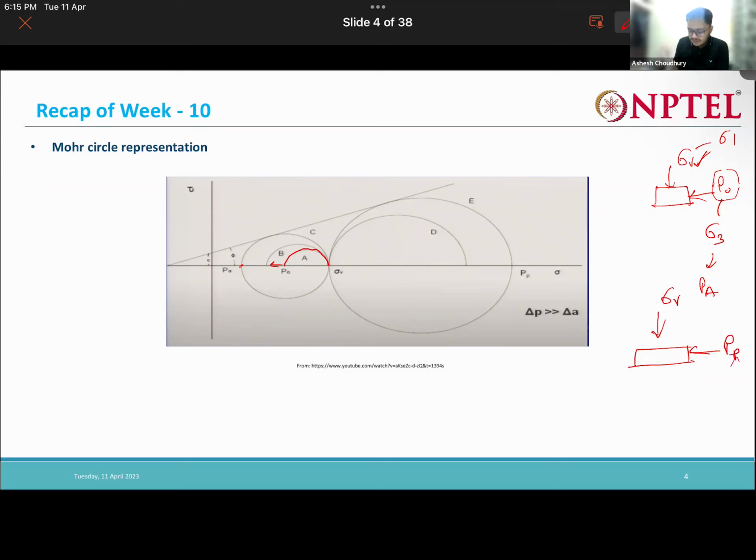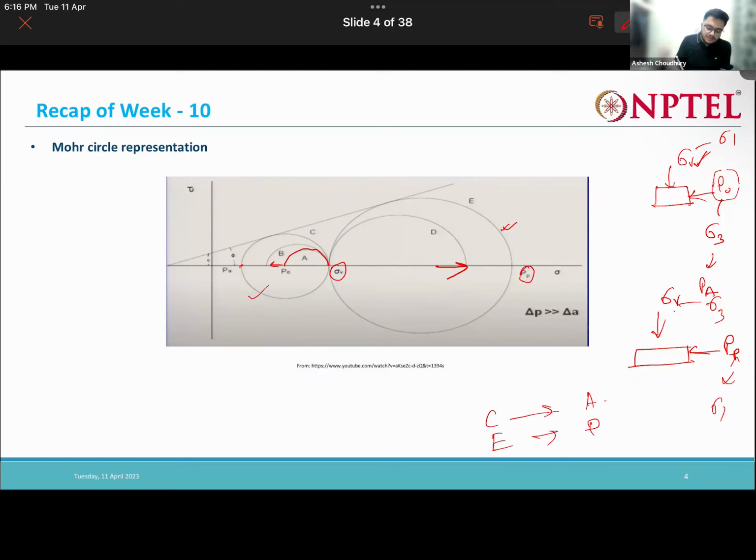So this passive will be greater than this vertical, right? So this PP is my sigma 1 and this sigma V is my sigma 3. So in this case, we will get this circle E. Now both these circles, circle C and circle E: C is for my active case and E circle is for my passive case.